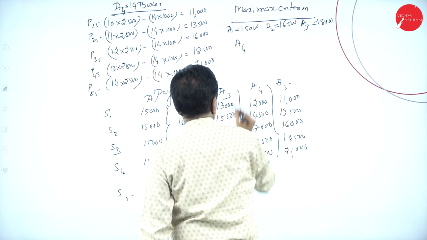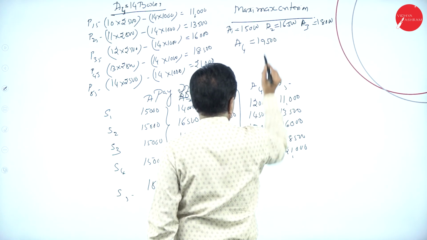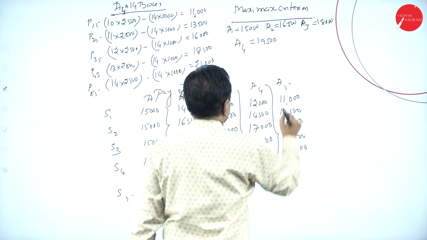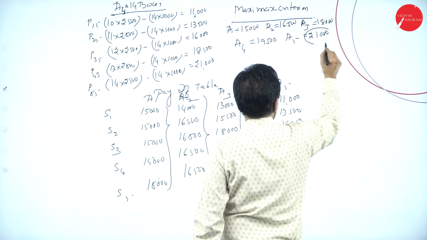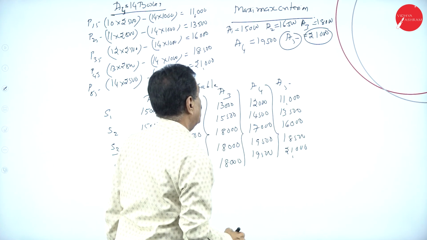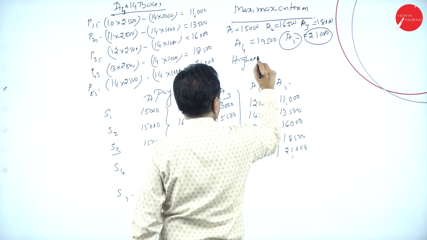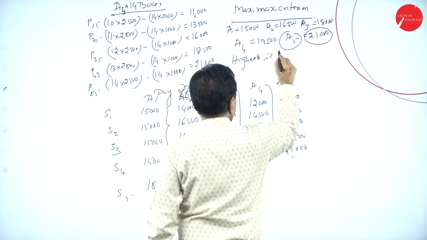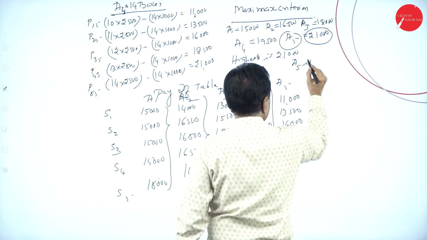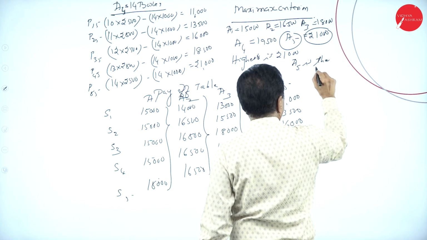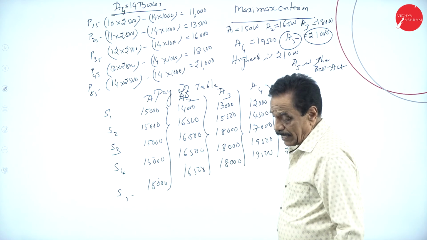A4 highest, 19,500. A5 highest, 21,000. So the highest is 21,000. A5 is the best act.